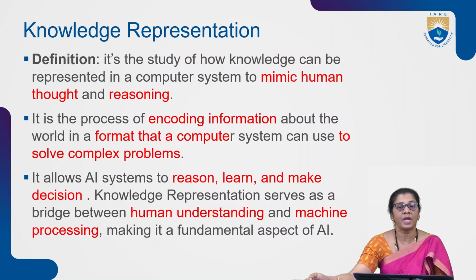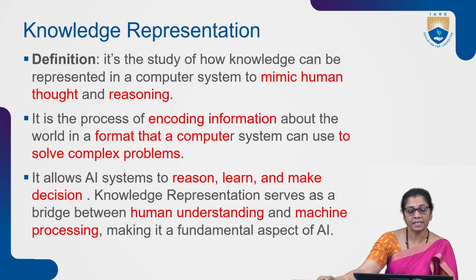It is a process of encoding information about the world in a format that a computer system can use to solve complex problems, because we humans think and understand in a different way. But for the computer system to understand, we have to give it in the format it understands.